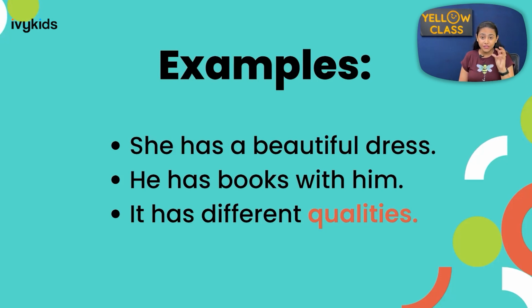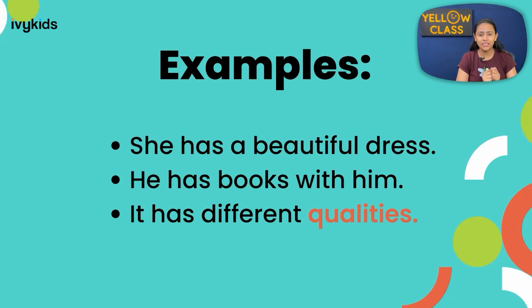Now, we need to understand that the word it we use for non-living things, plus we use it for animals also. Basically, when we are not sure about the gender, remember the gender session as well? So, when we are not sure about the gender, like let's say you do not know whether the animal is feminine or masculine, in that scenario you'll be using it for the animal. So it has different qualities.